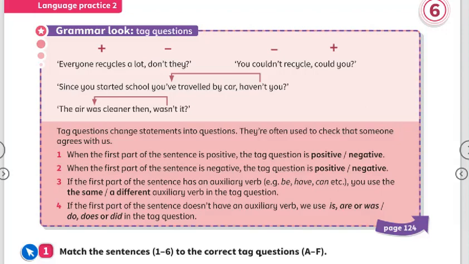Number 3, if the first part of the sentence has an auxiliary verb, verb to be, auxiliary have, auxiliary can, you use the same or you use a different auxiliary verb in the tag question.